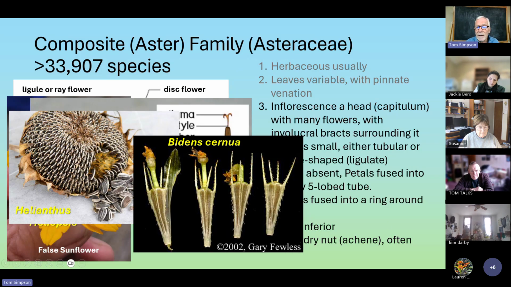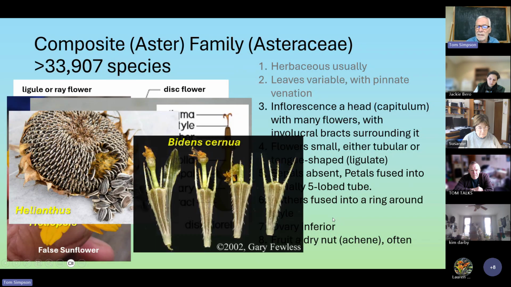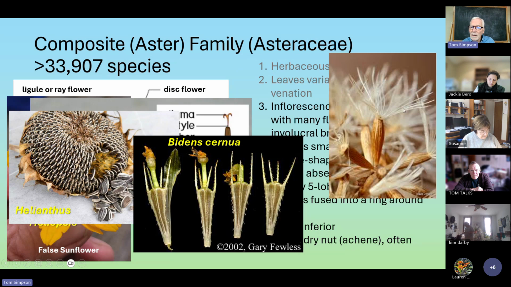Here is the achene of the Bidens flower, and the modified sepals of the flower become these little spiky things that eventually grab onto your socks. In this case, this is an aster achene, and you can see the sepals have become the little hairs that allow the seed to float on the wind. Same with the dandelion.